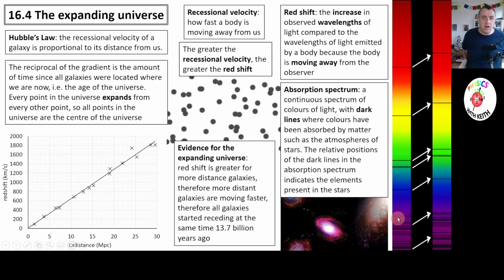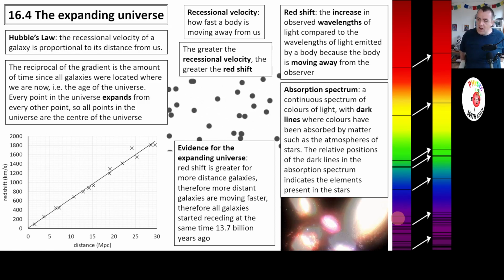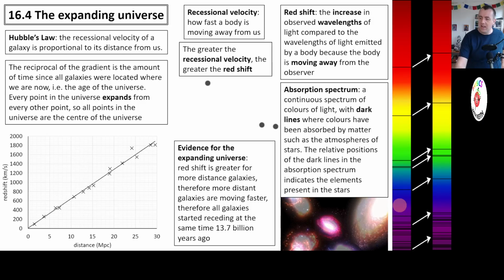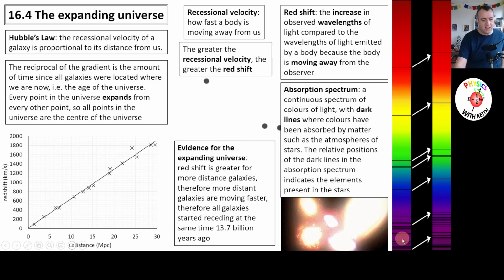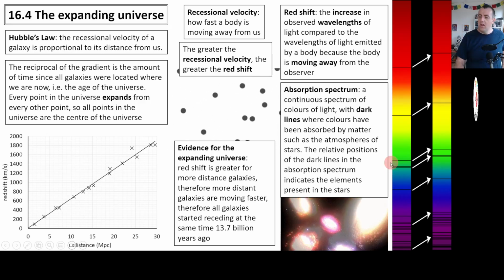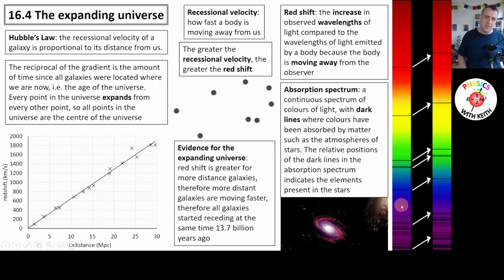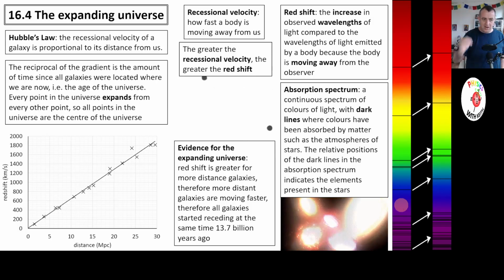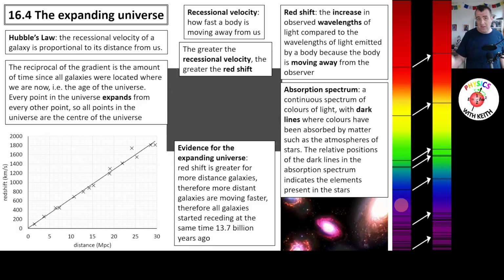Now, most stars, in fact all stars, contain hydrogen, amongst other things. And hydrogen has a characteristic relative spacing of dark lines. So any star we find, if we analyse the spectrum emitted from that star, we will get the same characteristic spacing. And if we look at nearby stars, that's exactly what we see.